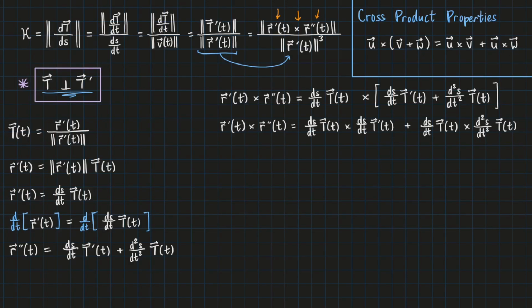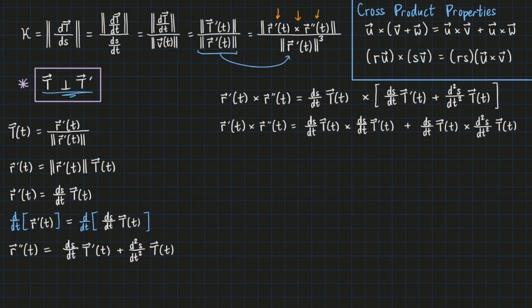Next, we're going to use another cross product property. r and s are scalars that are multiplying into their respective vectors u and v. And there's the cross product of ru and sv. What we can do is pull out the scalars r and s, and multiply that into the result of u cross v.